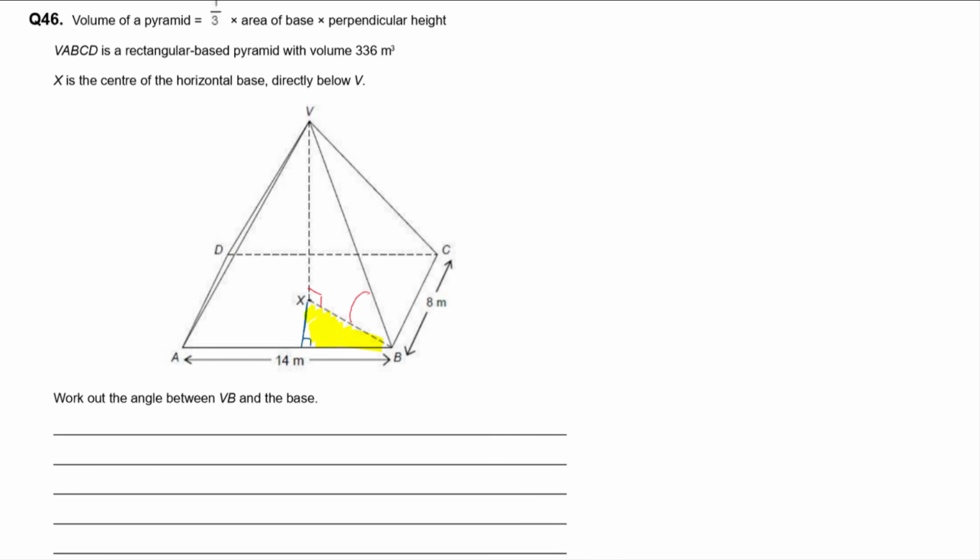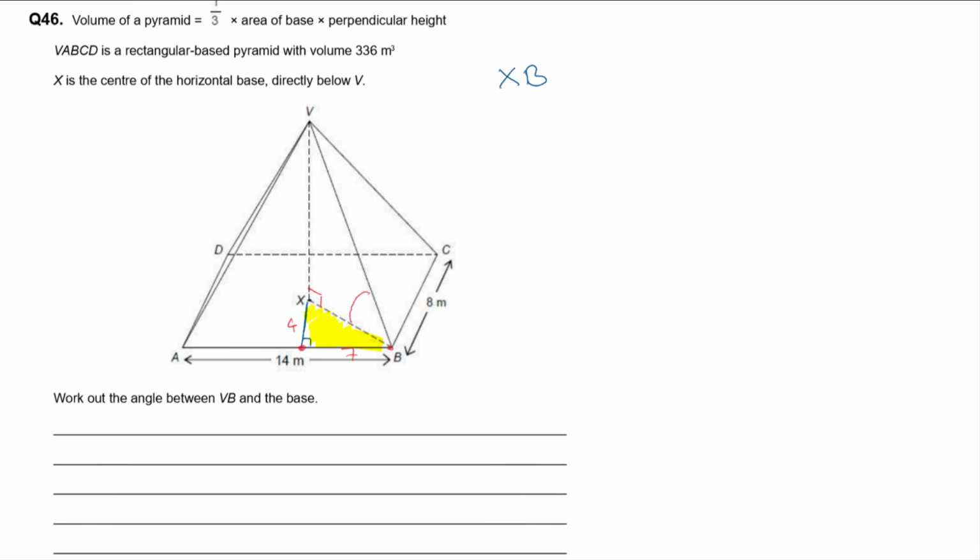I can work out Pythagoras theorem from, because I know that the distance from there to there, look, is going to be 7. It's half the 14, and the distance from there to X is going to be 4, isn't it? Okay, so then I can work out XB from that.